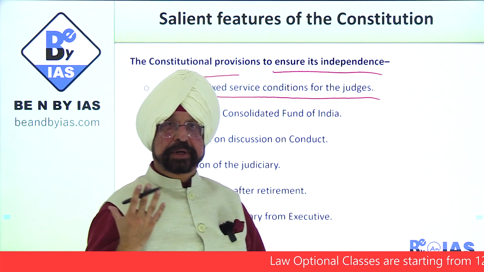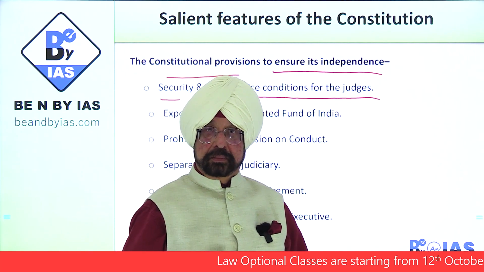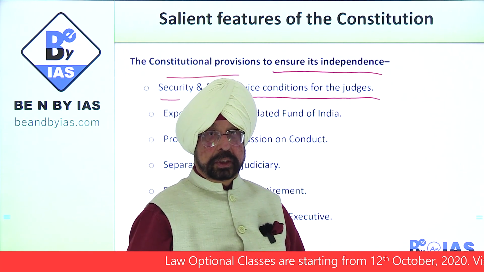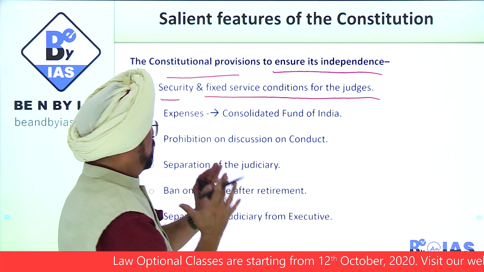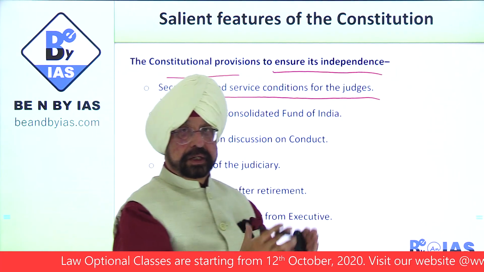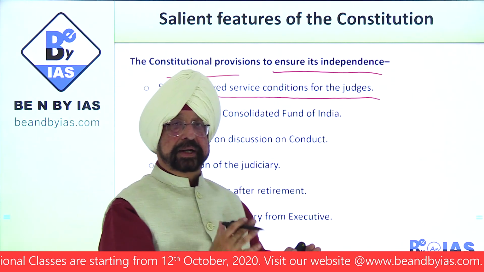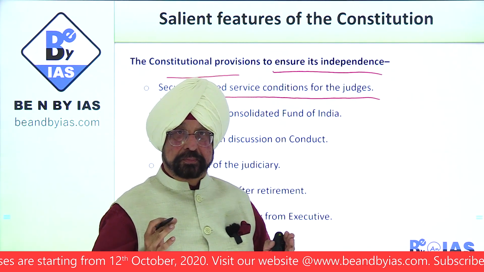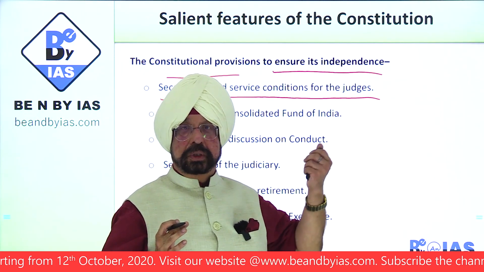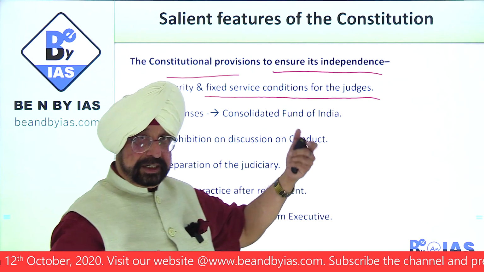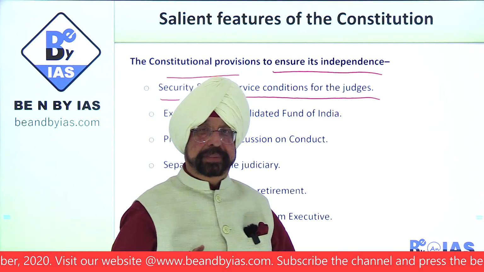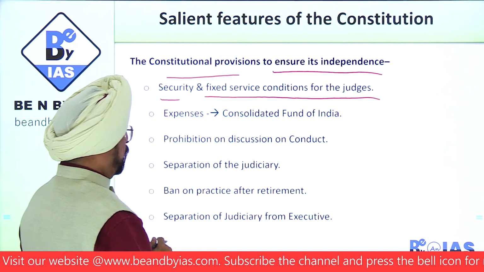There is an impeachment process which has to be followed. So there is a kind of security and fixed tenure, fixed service conditions which are provided to the judges. That is one aspect of the independence of the judiciary.